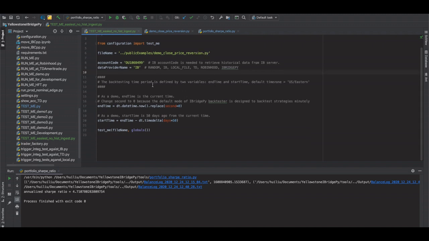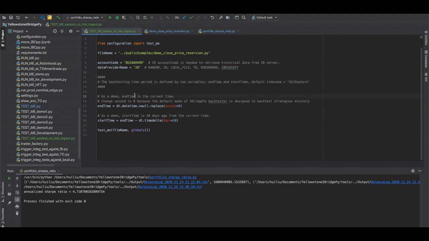Okay, and then the backtesting time period is defined by two variables. One is called end time, the other one is called start time, which means the backtester will run your strategy from the start time you defined to the end time that you defined.